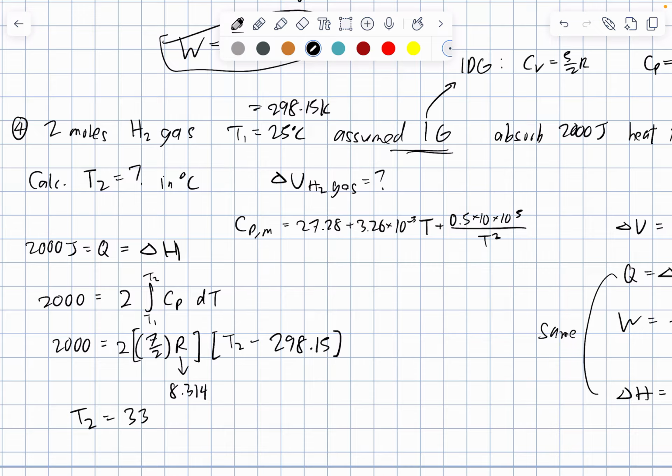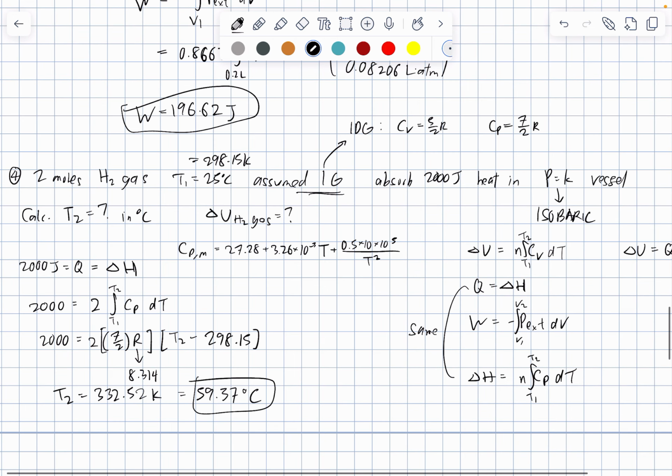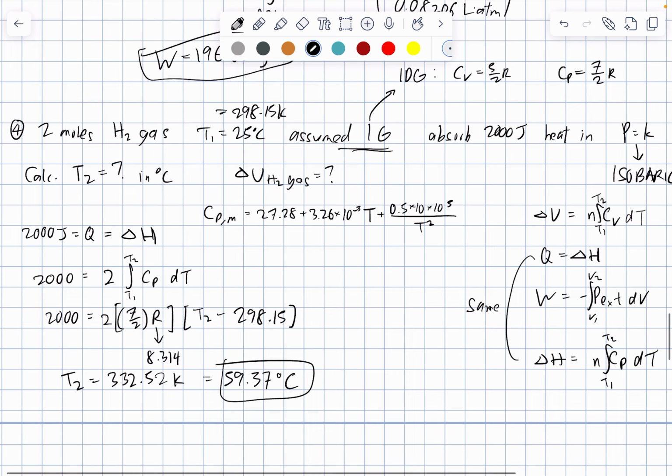So T2 is 332.52 Kelvin. We are being required to have it in degrees Celsius. So minus 273.15, that is 59.37 degrees Celsius. So that's the first answer, my first answer. It's unverified, but from my explanation, it's pretty logical.